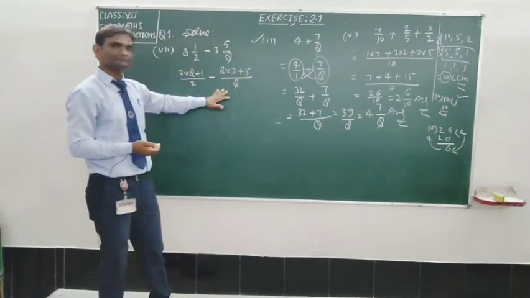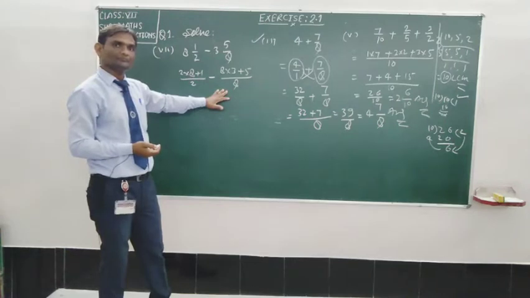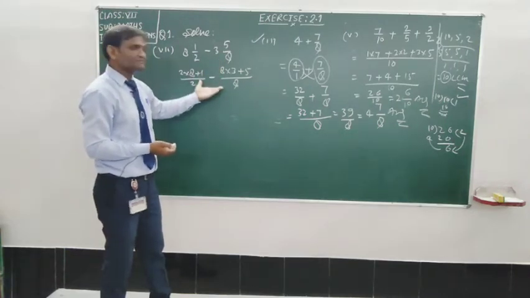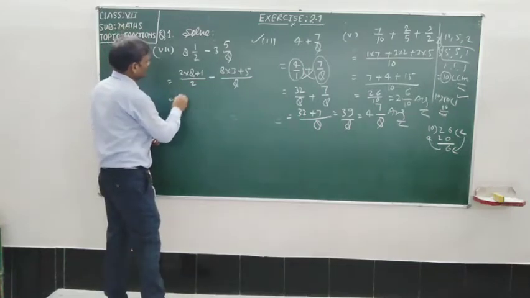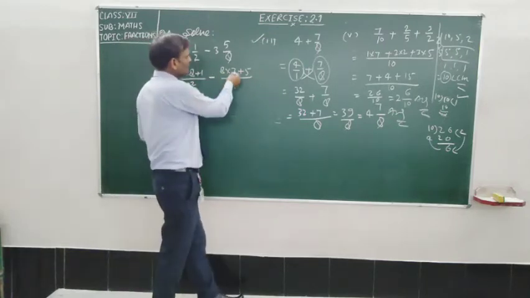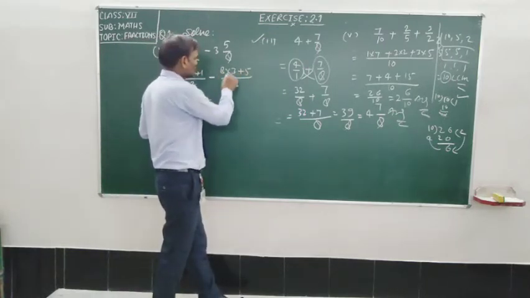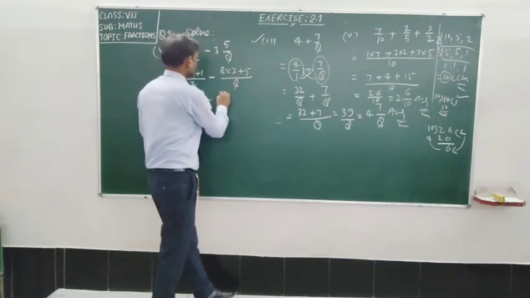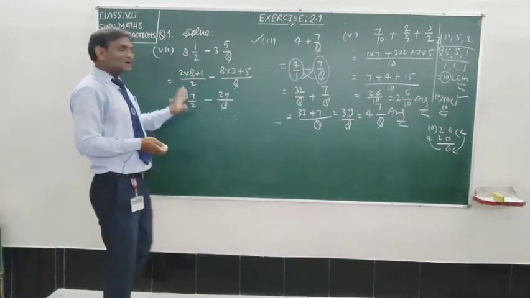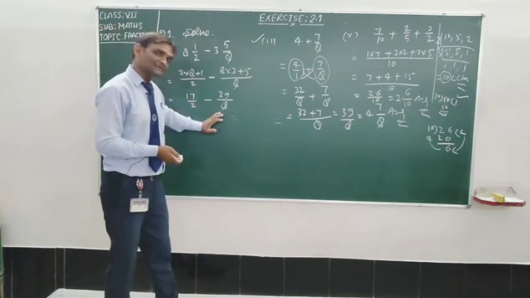Look here, student, I am making the improper fraction by this method. So, student, 2 8s are 16, 16 plus 1, 17 upon 2, minus 8 3s are 24, 24 and 5, 29 upon 8. Now, student, you are seeing that both are improper fractions.